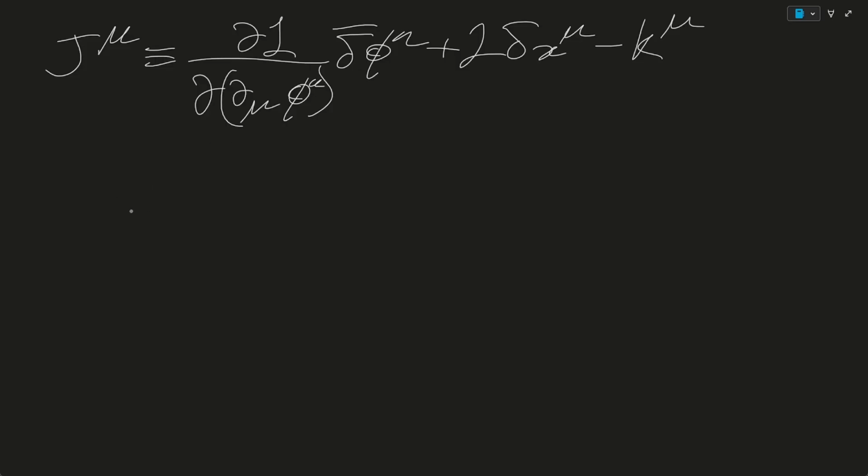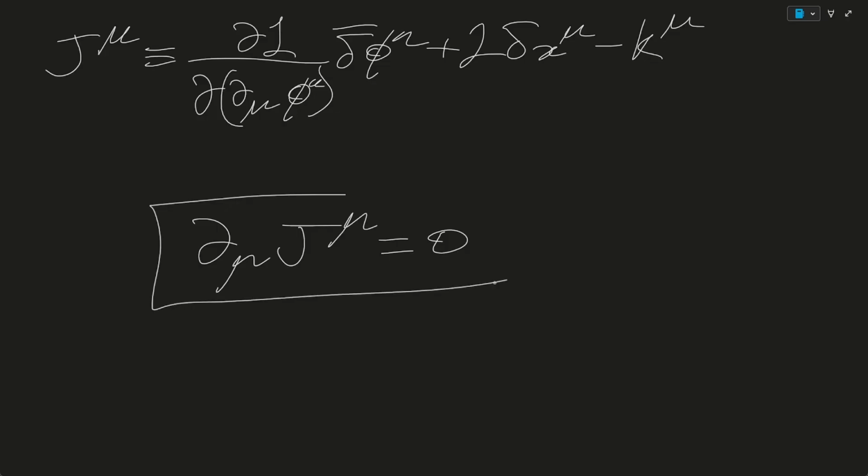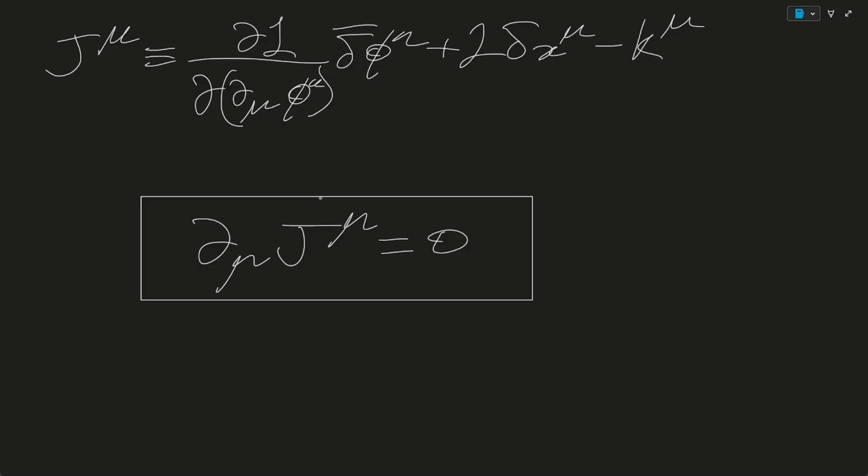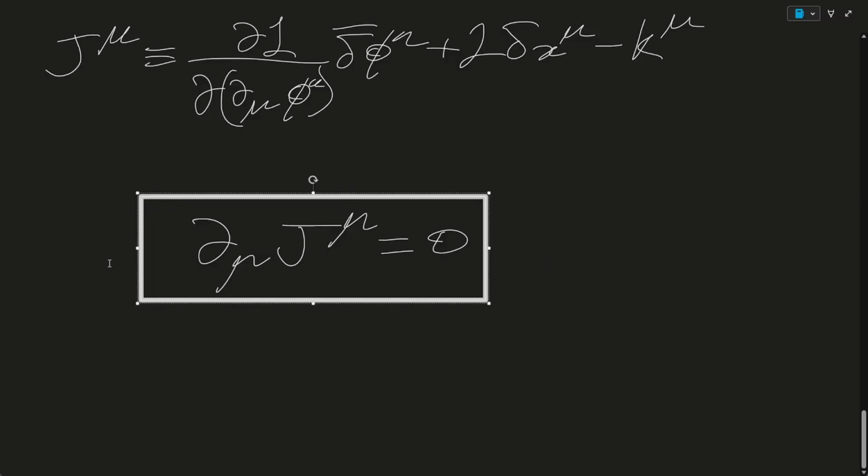So this leads us to, if we're working with an on-shell system, a beautiful conservation law, which is simply that the derivative of the Noether current with respect to mu is equal to zero. Isn't that glorious? Isn't that truly, truly beautiful?